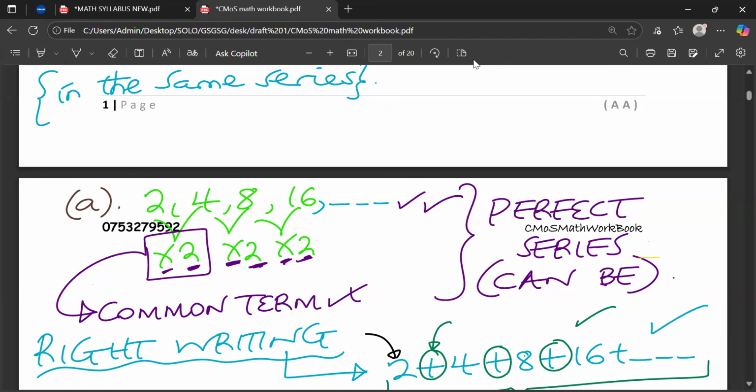For you to call something a series, make sure throughout you are dividing or multiplying or adding or subtracting, but not any of the two acting at once. If you have decided to deal with the figure 5, let it be 5 throughout. If somewhere the figure changes from 5 to 4, that is a sequence and not a series.